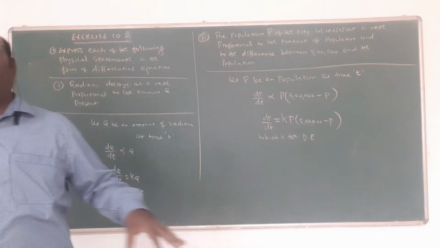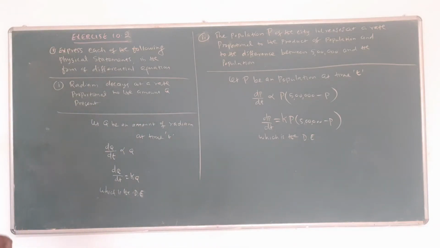This is the fundamental idea. Form the differential equation. 2 marks, the same. We have only 5 questions. 2 questions are over. Some of the exam problems are there. Refer the book. The same concept.